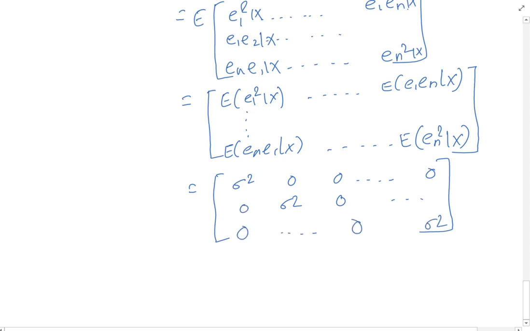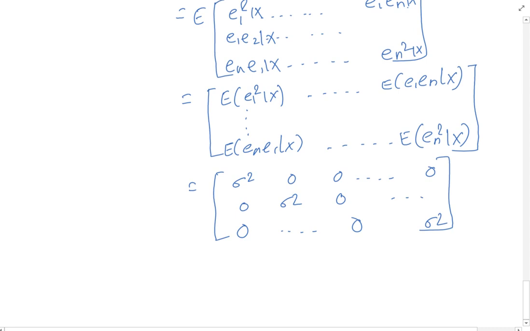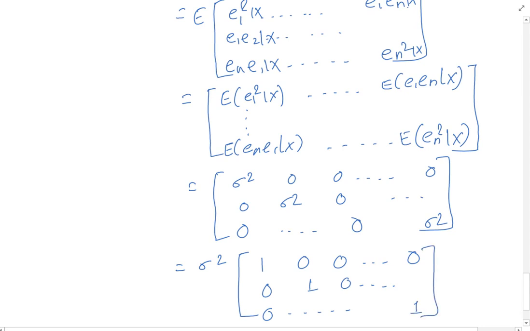If we take sigma square out, it is the identity matrix of n times n, with 1s on the diagonal and 0 elsewhere.